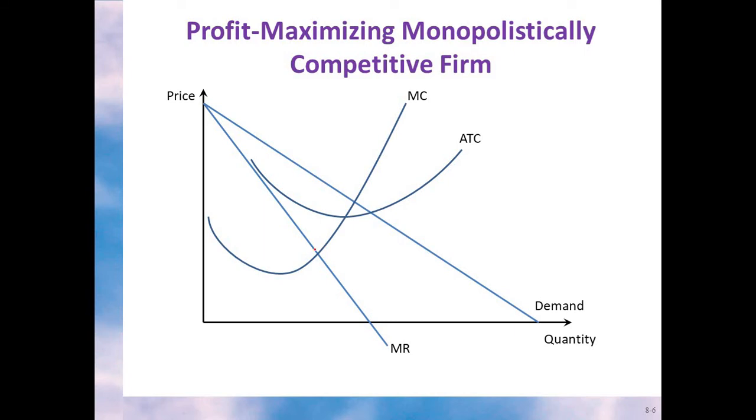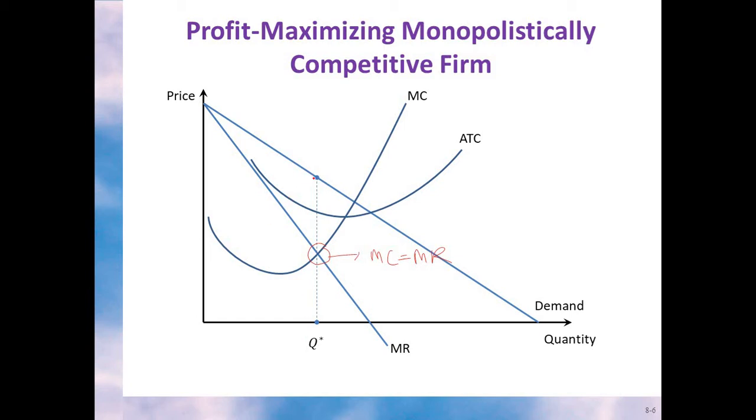To decide the output that maximizes profit, the rule is similar to monopoly, MC equal to MR. This is Q star, the optimal Q for this firm in monopolistic competition.